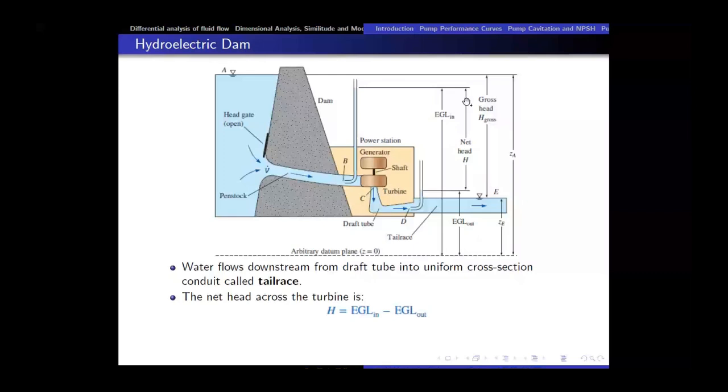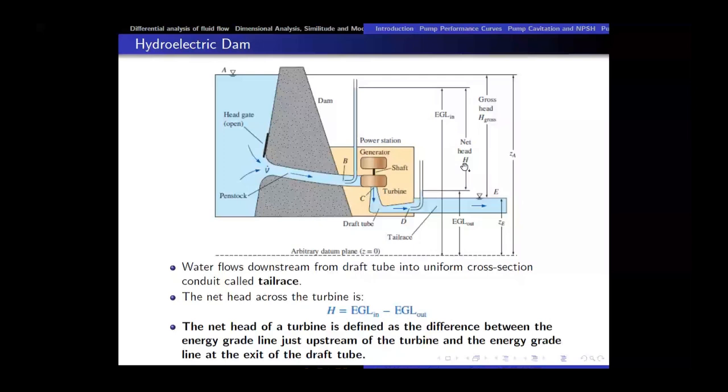The net head of a turbine is defined as the difference between the energy grade line just upstream of the turbine and the energy grade line at the exit of the draft tube. So we are talking about EGL in and EGL out. Why is it greater than this? Because there would be some velocity as well. From here to here, that is the dynamic head. This is the elevation head, and from here to here, that is the elevation head. Right? Energy grade line and hydraulic grade line.